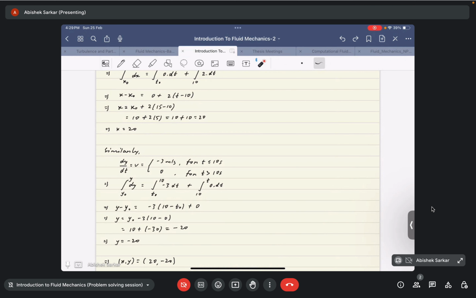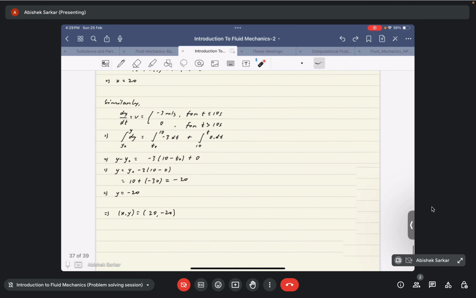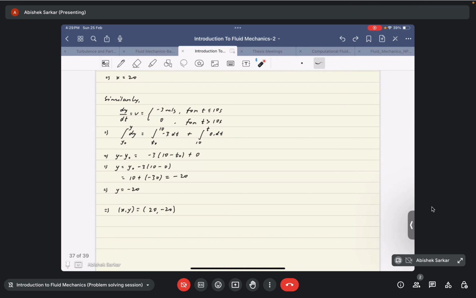So again, just substituting the limits of integration in this expression, because the integration has to be broken into two parts, that is first from 0 to 10 and then from 10 to 15, right? So once we do the integration, we get that y minus y naught will be equal to -3(10 minus t naught) plus 0, because v is equal to 0 for t greater than 10 seconds, right?